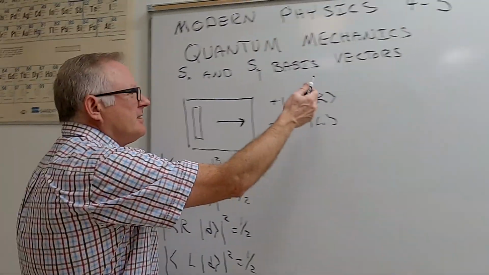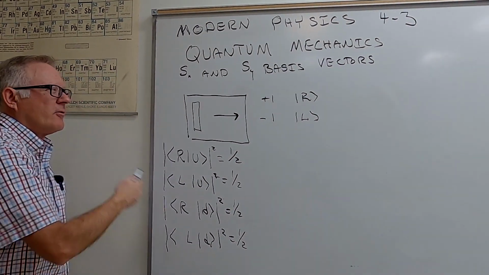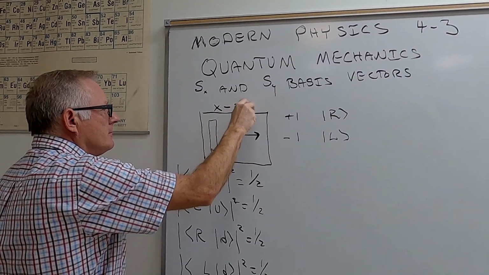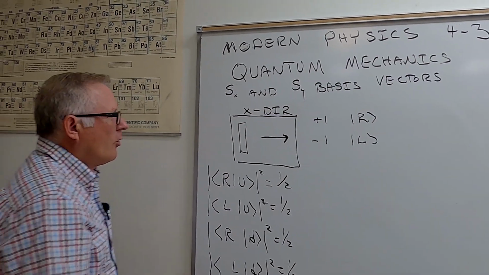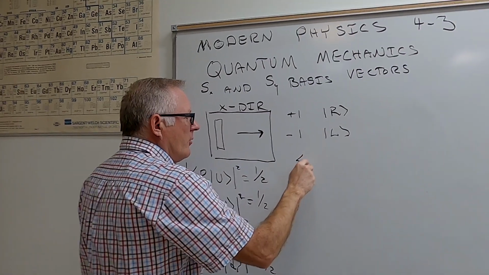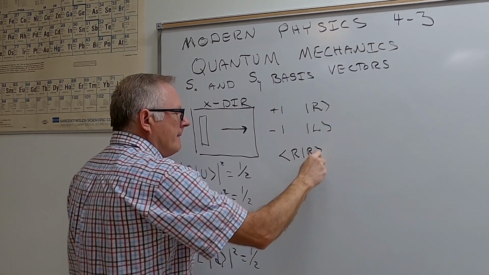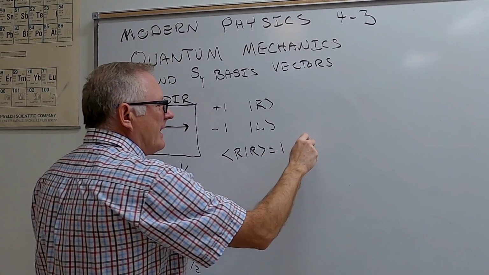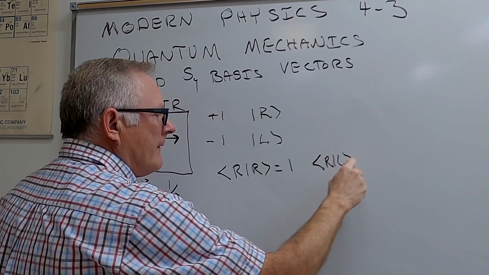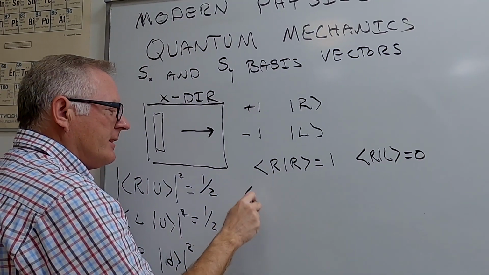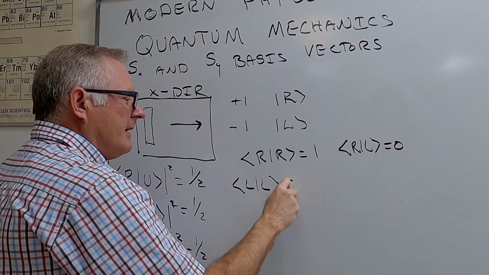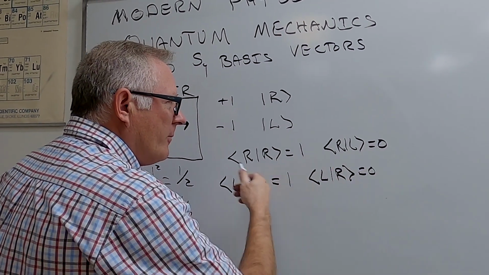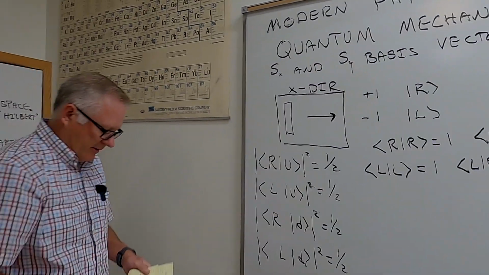Not only that, this has to be the orthonormal basis vector for the X direction. So we know since they're orthonormal that right-right has to equal 1, and right-left has to be 0. Same with left-left, has to be 1, and left-right also is 0.